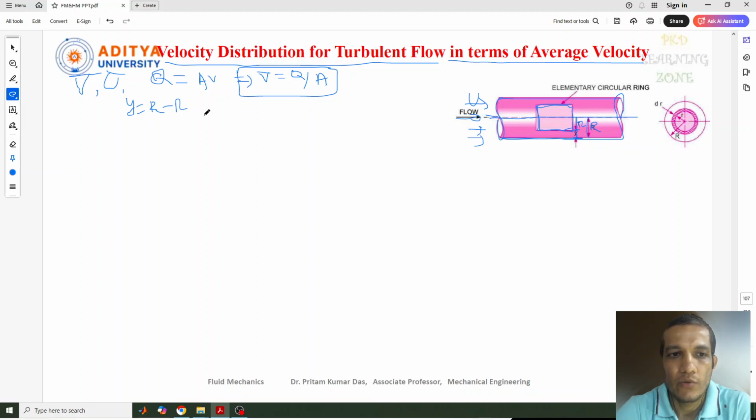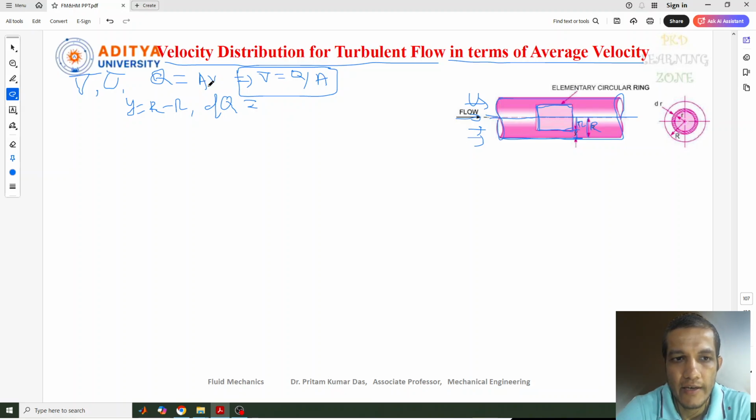So the total discharge, as I wrote, Q equal to AV. We can write dq in terms of the area of the ring into velocity.